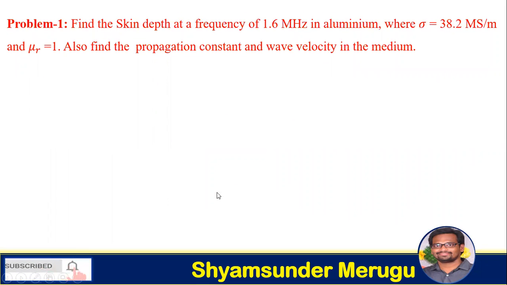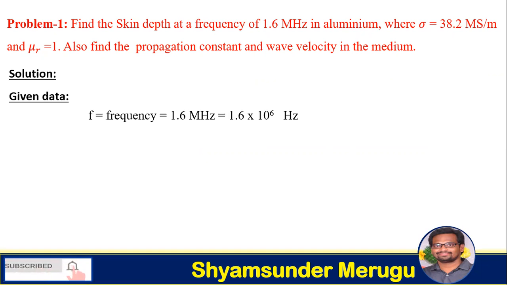Now looking at a problem, here the problem says find the skin depth at a frequency of 1.6 megahertz in aluminium, where the conductivity sigma equal to 38.2 mega Siemens per meter and the relative permeability mu r is equal to 1. Also find the propagation constant and wave velocity in the medium. Coming to the solution, let us write the given data first.